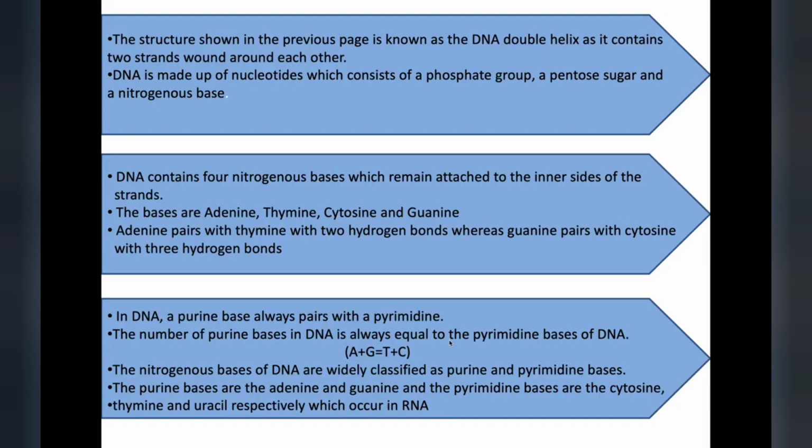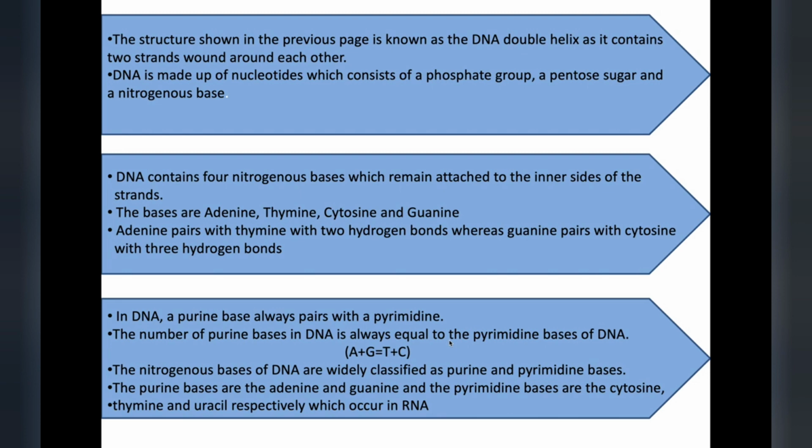And in DNA, a purine base always pairs with a pyrimidine. There are two types of bases, purine and pyrimidine. The number of purine bases in DNA will always be equal to the number of pyrimidine bases. Also, A plus G, adenine plus guanine, will be equal to T plus C, thymine plus cytosine. The nitrogenous bases of DNA are widely classified as purine and pyrimidine bases.